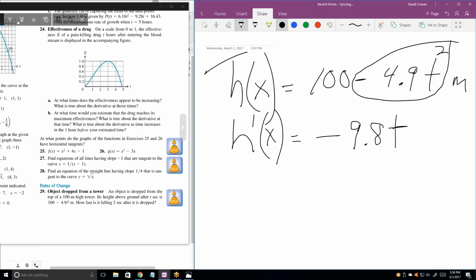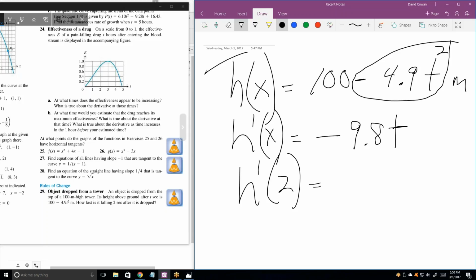The reason there's a negative sign is because when something is falling, it's always got a negative velocity if it's going down. If it's going up, it's got a positive velocity. If it's going to the right, it's got a positive velocity. If it's going to the left, it's got a negative velocity. So what is h prime of 2?